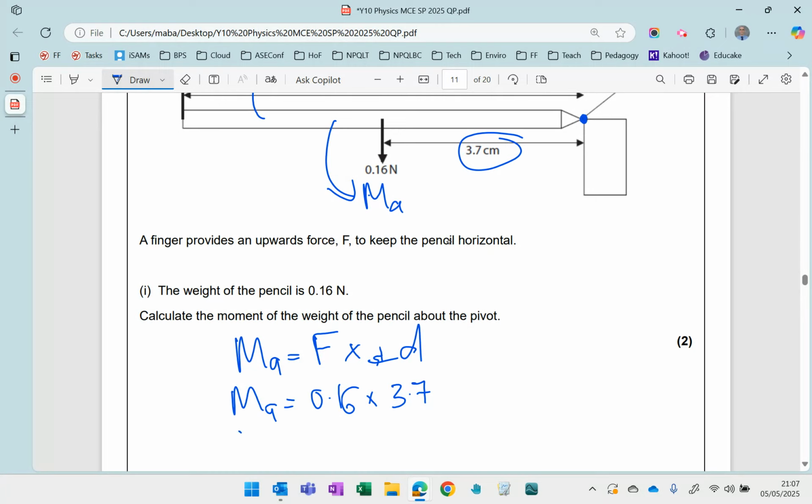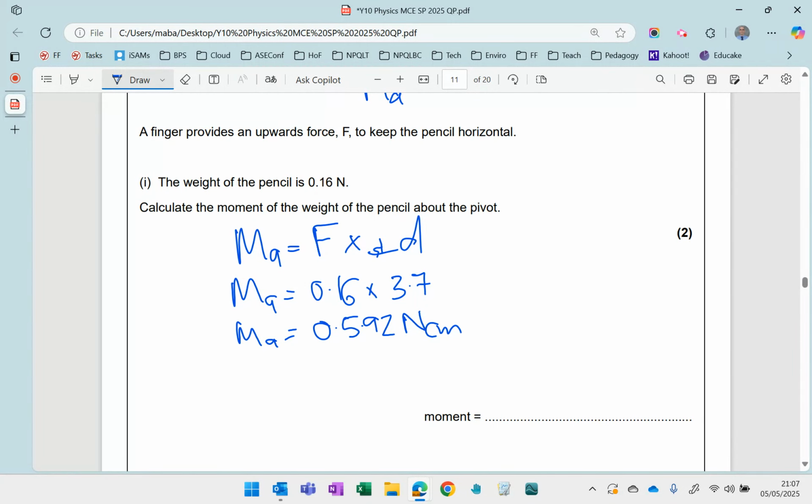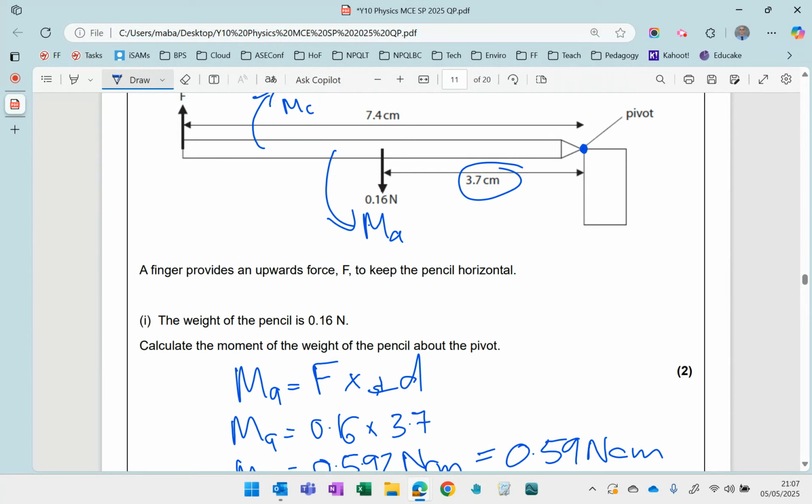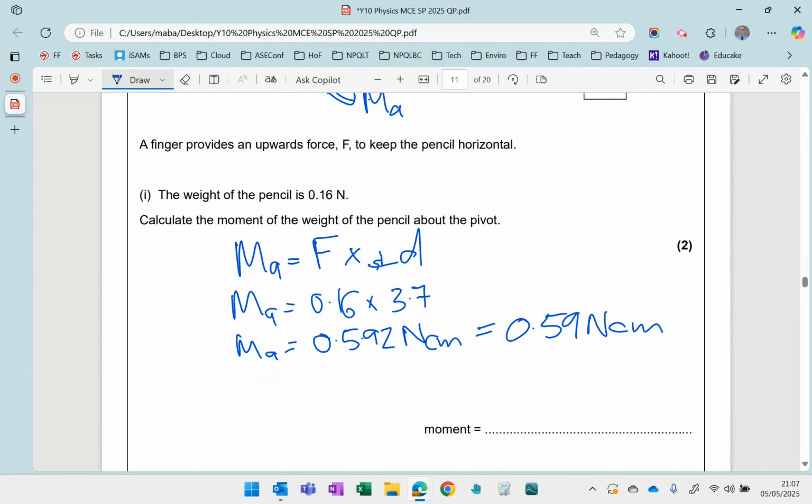So if you work it out on your calculator, you could leave it as 0.592 Newton centimeters, okay, which would be actually a better answer is 0.59 Newton centimeters. Because it should be given to two significant figures, because that's how many significant figures the input data is to.